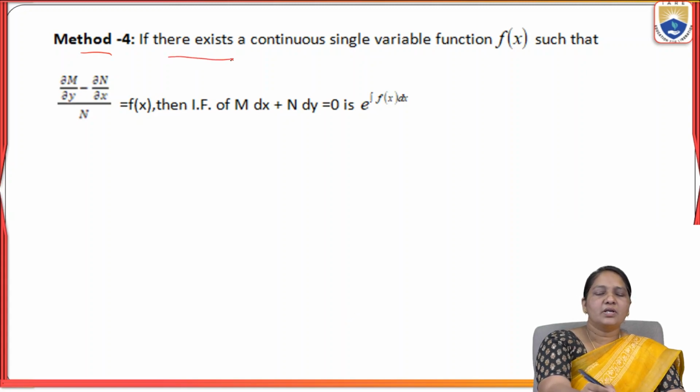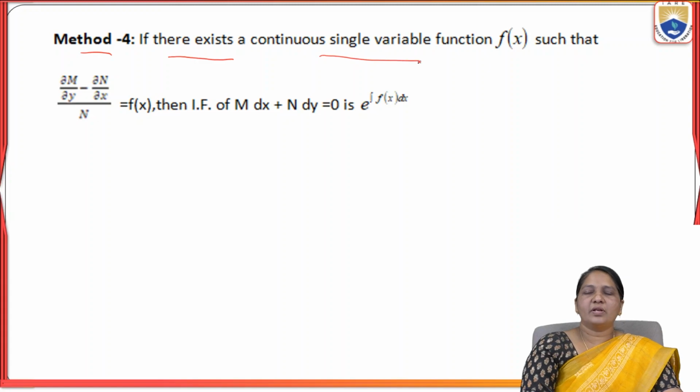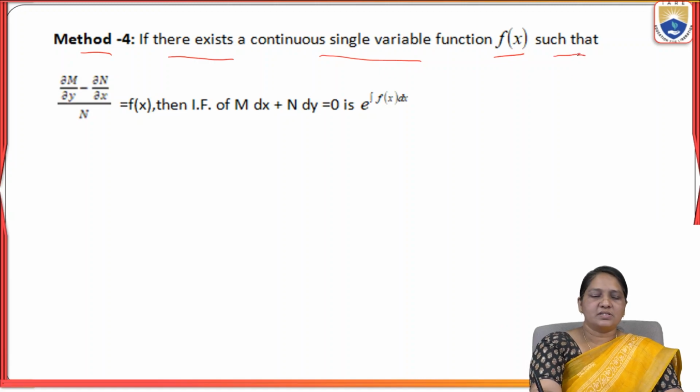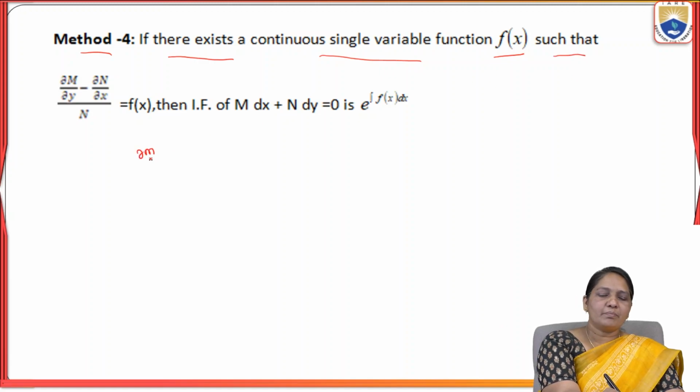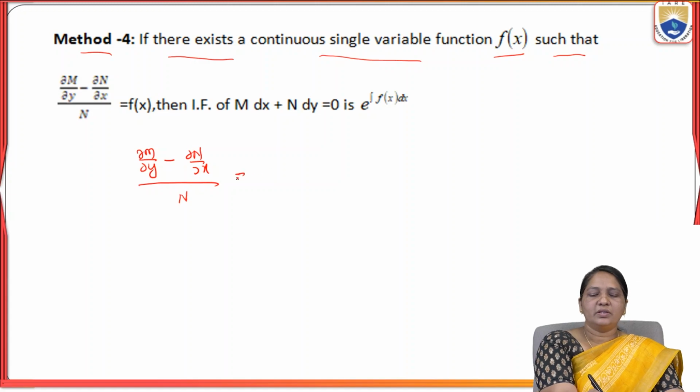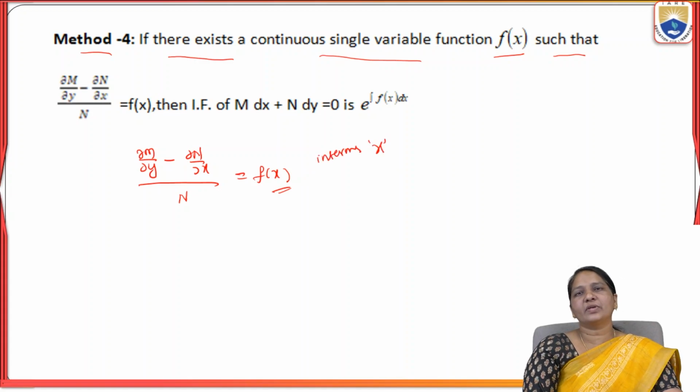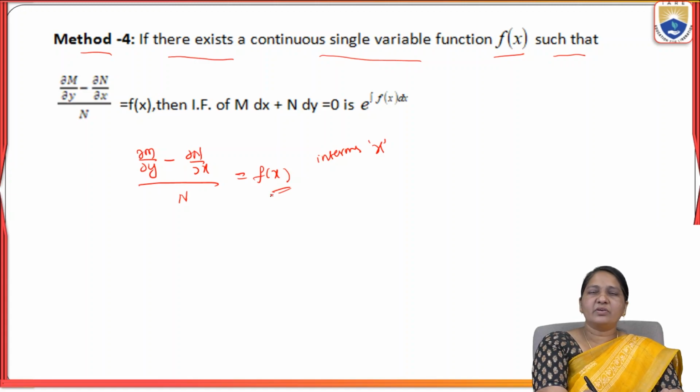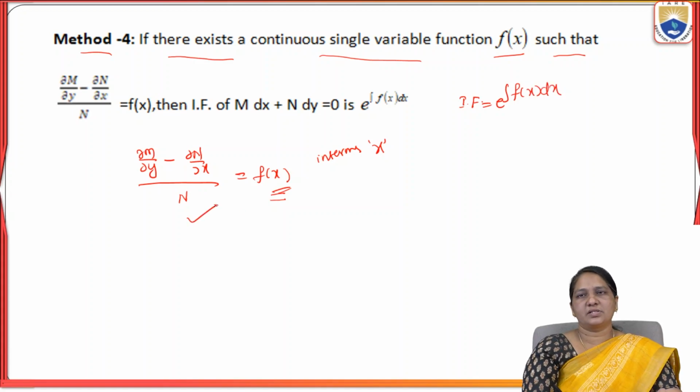We can observe here, if there exists a continuous single variable function f(x) such that (∂M/∂y minus ∂N/∂x) by N is equal to f(x), that is, f(x) is in terms of x only, then the integrating factor is e power integral f(x) dx. This is the integrating factor if you satisfy this condition.